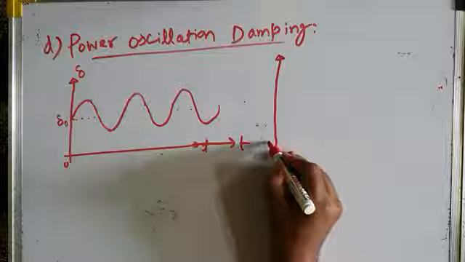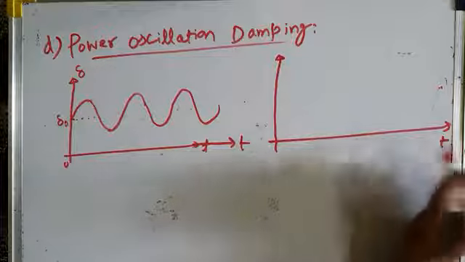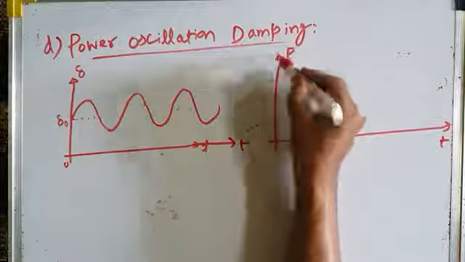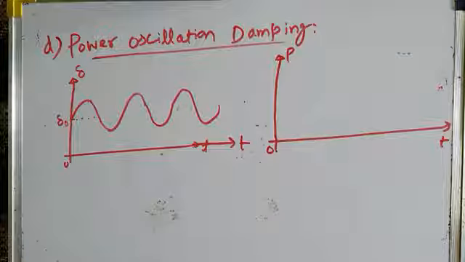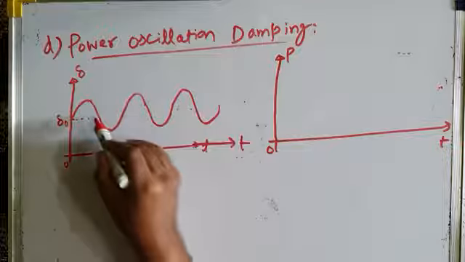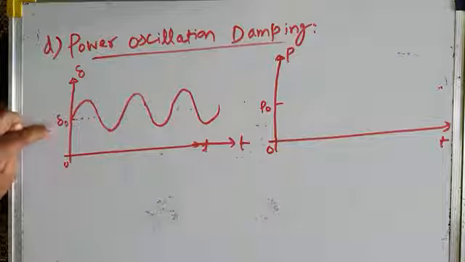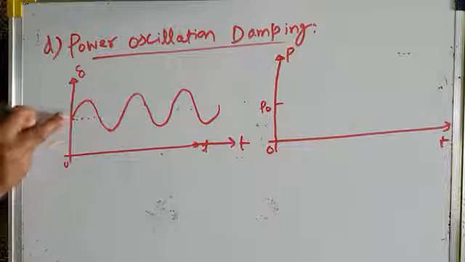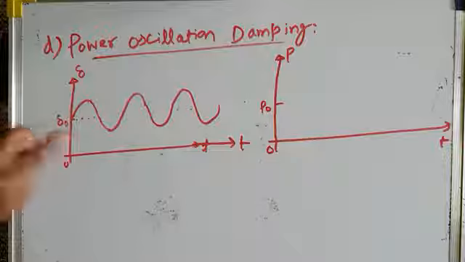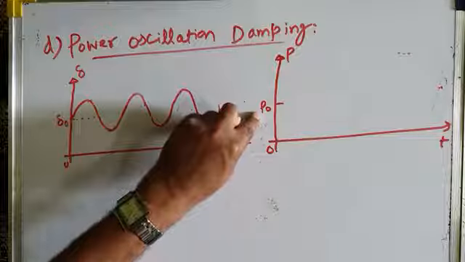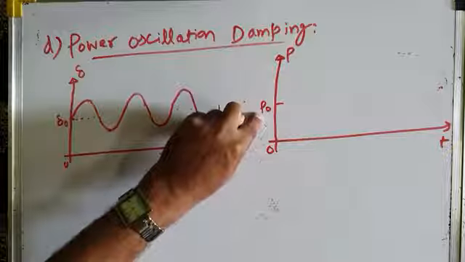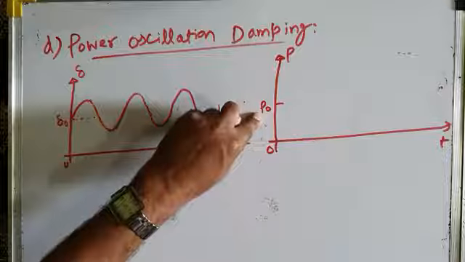This is the next graph, where I will show what causes this oscillation. Let us suppose the power transmitted is P naught. When the system was operating at steady state at a transmission angle delta naught, it was transferring power over the transmission line equal to P naught, the steady state value.